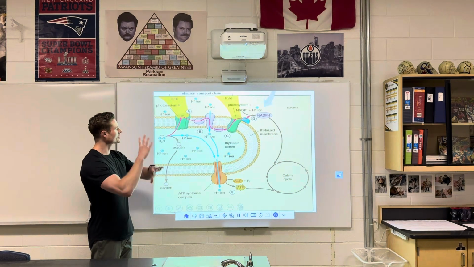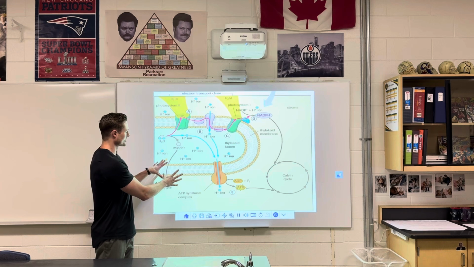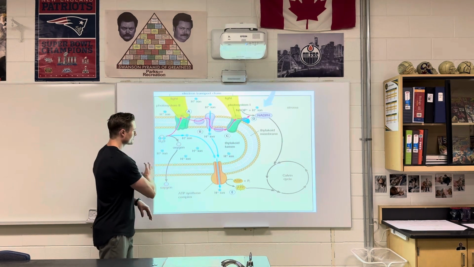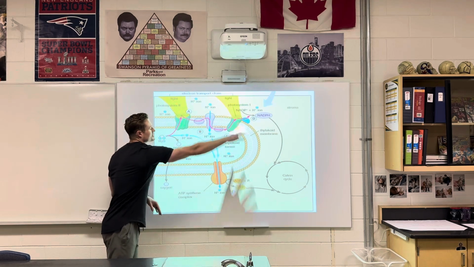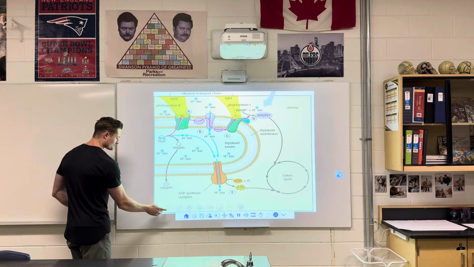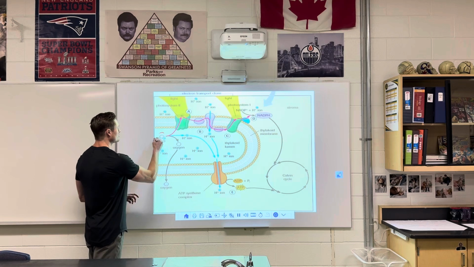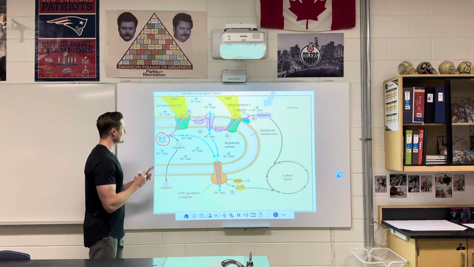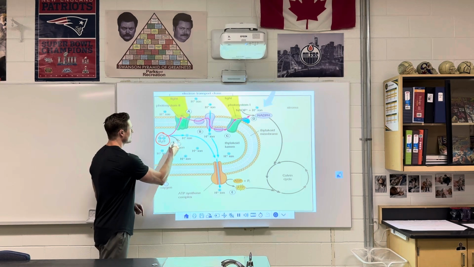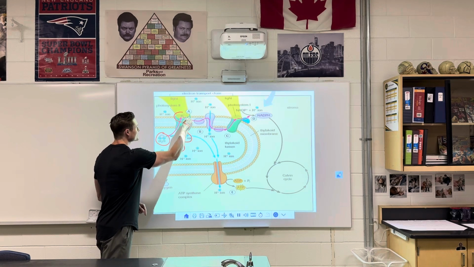So when we look at a zoomed in picture of the chloroplast, specifically the thylakoid, this is a thylakoid here. This is the outer membrane. So this is outside the thylakoid. This is inside the thylakoid. We see here, there is my water molecule, and it's being oxidized to make oxygen, hydrogen, and of course, some electrons.